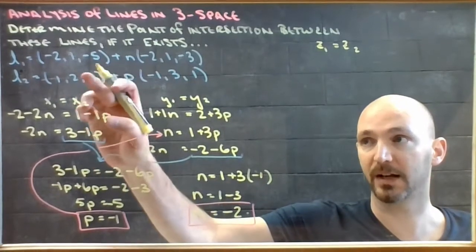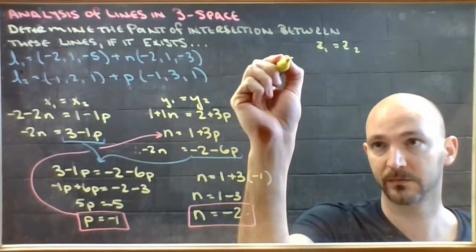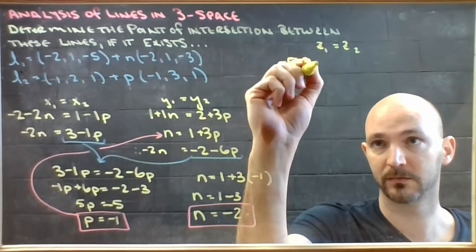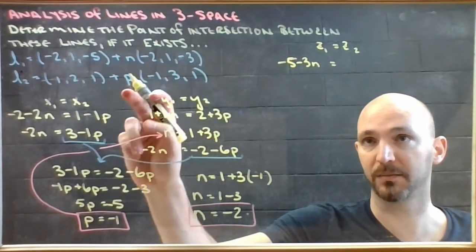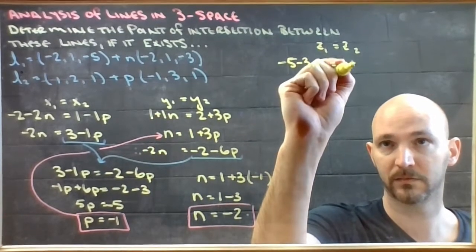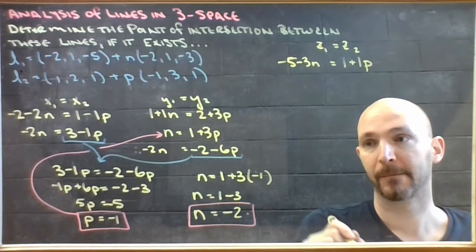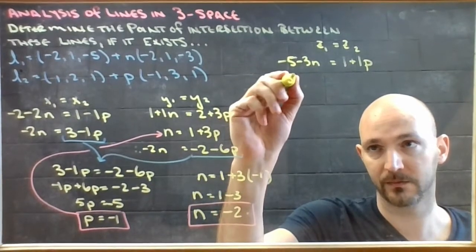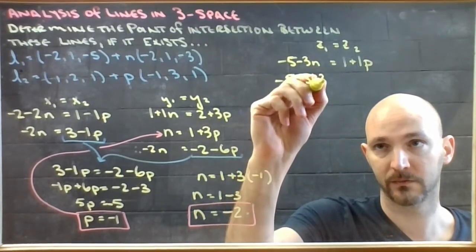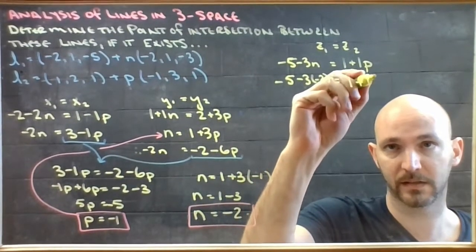Z for line 1 would be negative 5 minus 3n. Z for line 2 would be 1 plus 1p. I know that n is negative 2. And I know that p is negative 1.